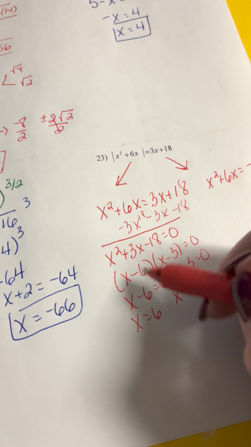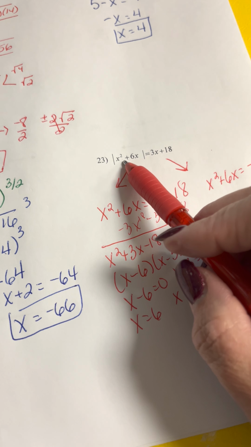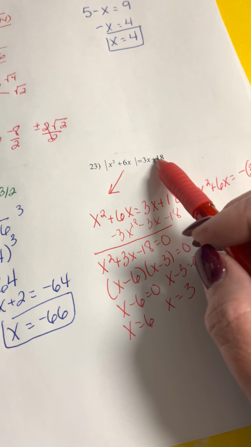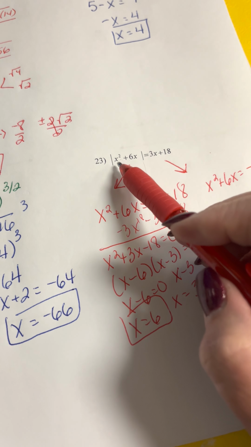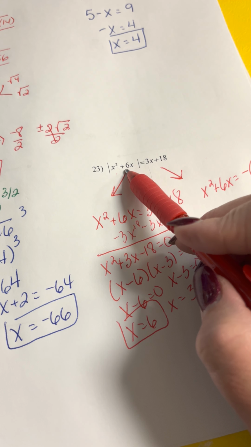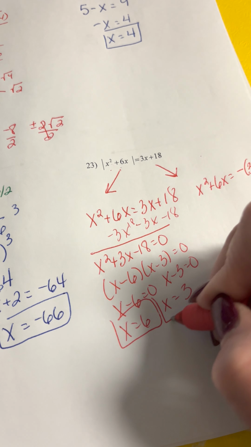And then check it. So 36 plus 36 is 36. 36, or 6 times 3 is 18. That's it. So that works. 3, 9 plus 18, and 9, yep, that works.